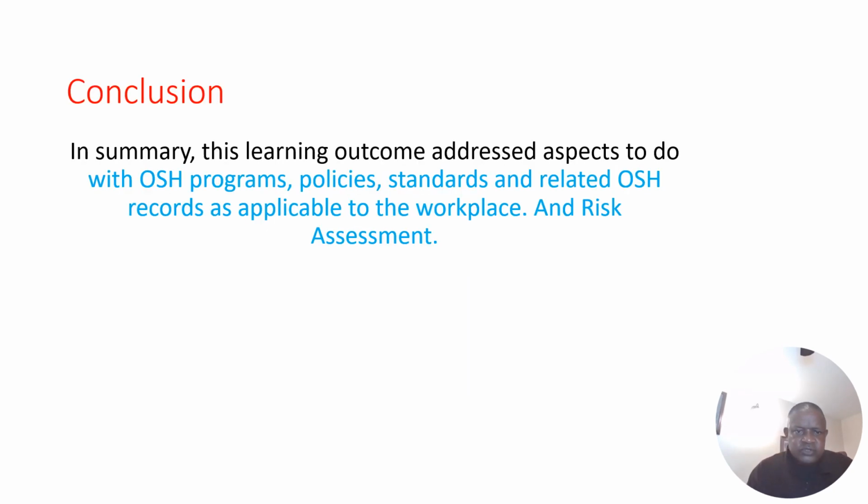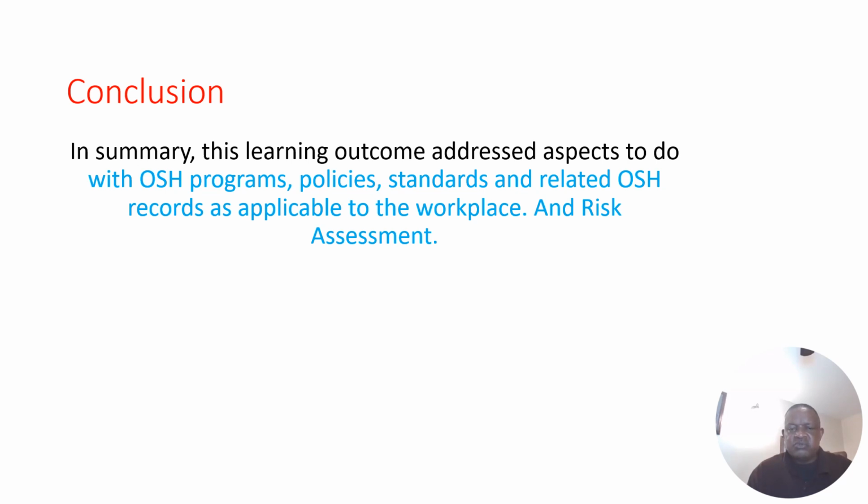And then conclusion: in summary, this learning outcome addressed aspects to do with occupational health and safety programs, policies, standards, and related occupational health records as applicable to the workplace, and also it addressed risk assessment. You have to remember the steps.